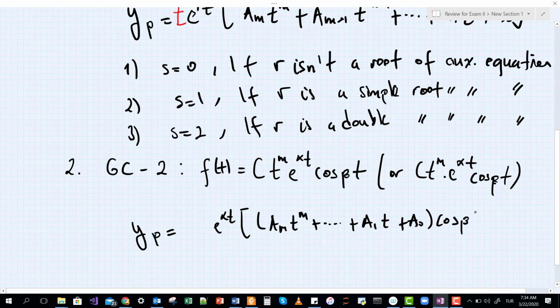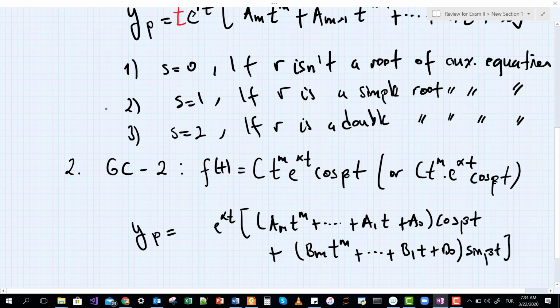But since I have a trigonometric function, I'm gonna have a similar expression for the sine part as well: B_m t to the m plus b1 t plus b0 times sine beta t.